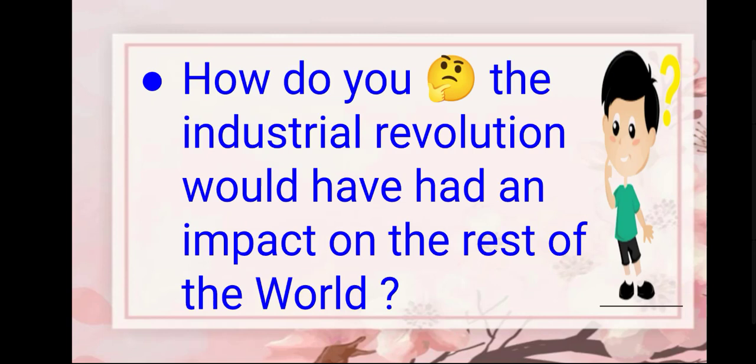Now, how do you think the Industrial Revolution would have an impact on the rest of the world? So, as you know, Britain had colonized many of the Asian and African countries. That was due to this Industrial Revolution only.